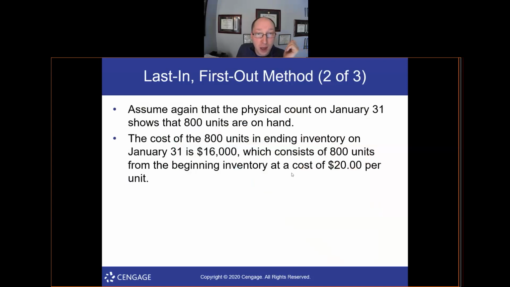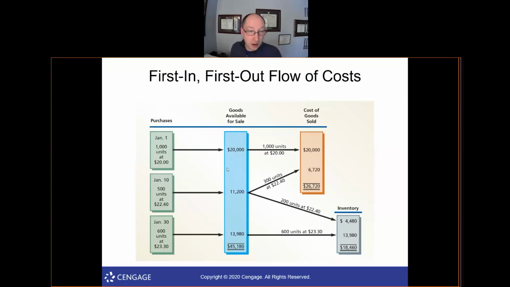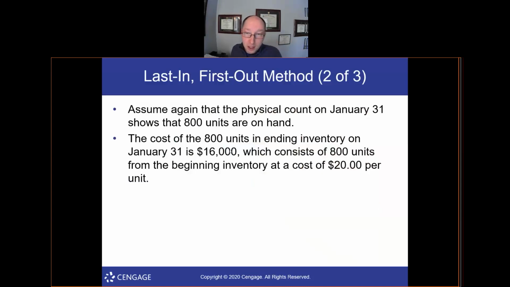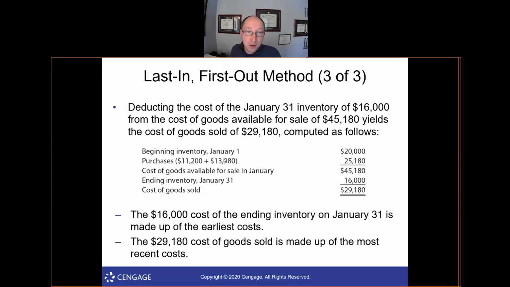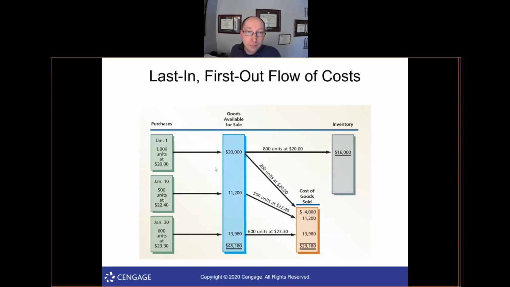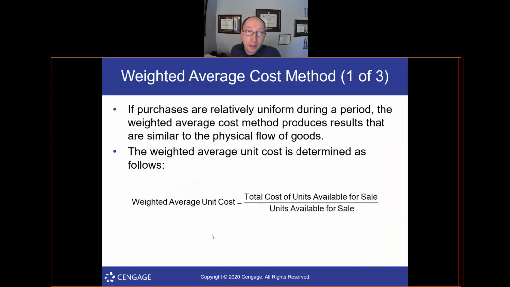Last in, first out, we would assume that there's 800 units on hand because, again, with last in, first out, we sell that last purchase first. And that's what this flow looks like. Weighted average, to figure out the weighted average unit cost, you take the total cost of units available for sale and divide by the units available for sale.